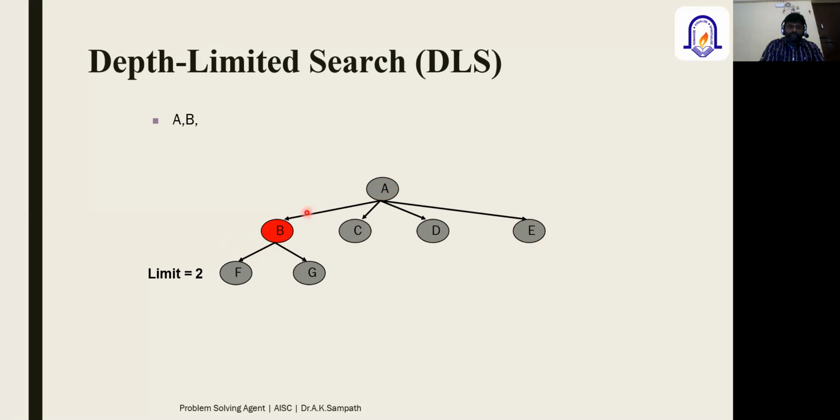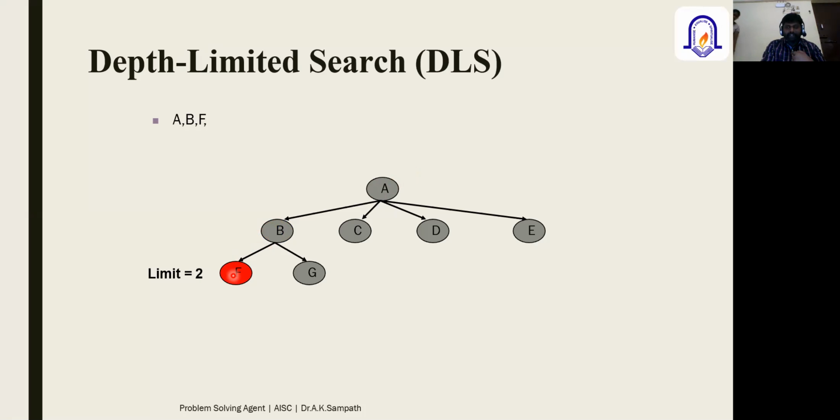So here I am going to use the depth first technique with a definite limit. Here I am going to consider my limit value equal to 2. First root node A will be expanded and its first left child, which is B. That is going to be expanded, and then further B's children, F and G, are to be expanded. F is expanded and compared whether it is a goal node.